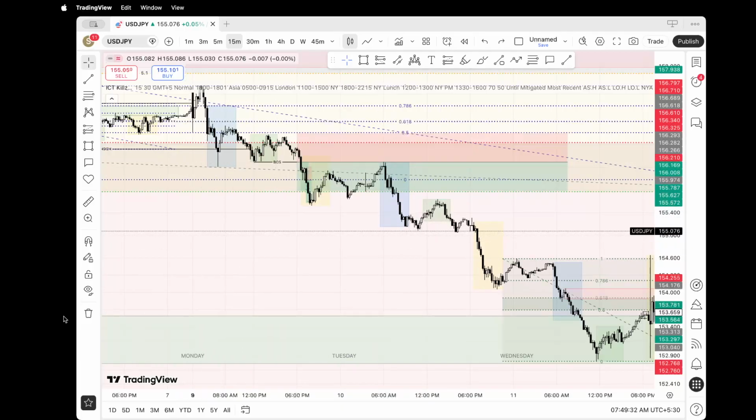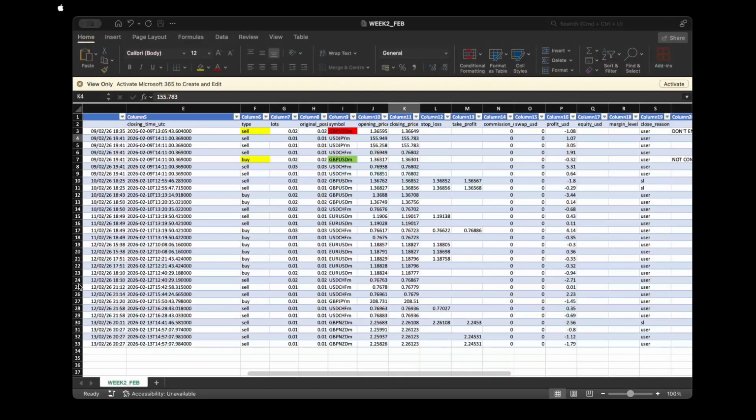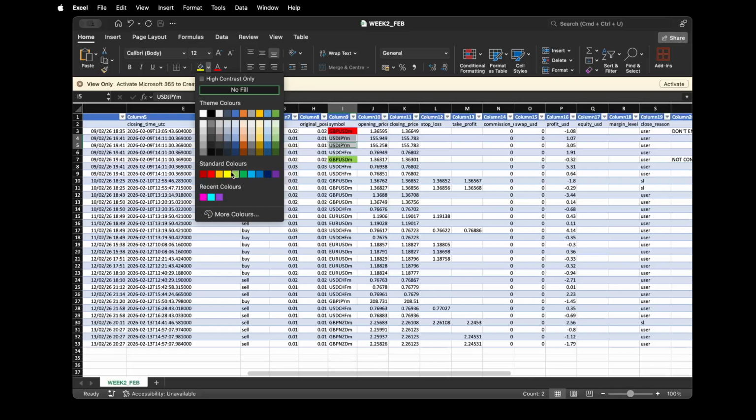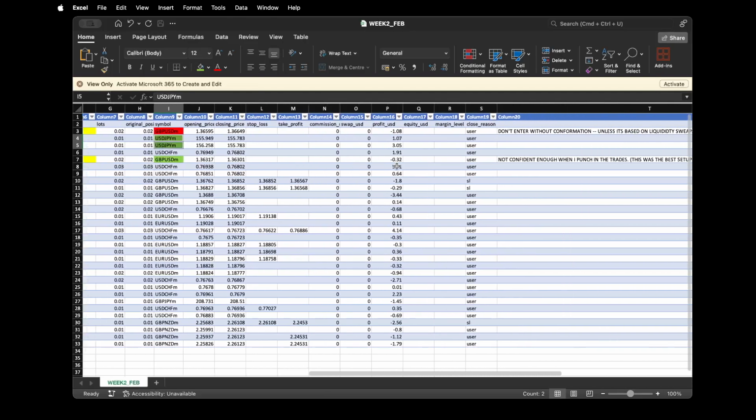So the learning from here, let's switch back to Excel first. Both the USD JPY trades were very great trade setups, but we missed a huge potential profit that we would have made from this.